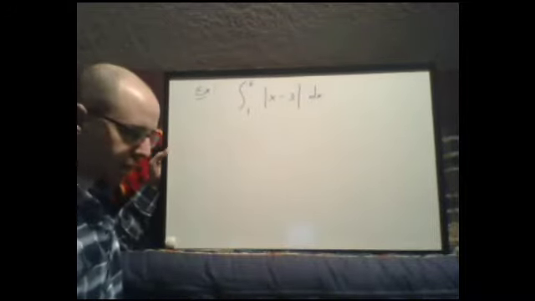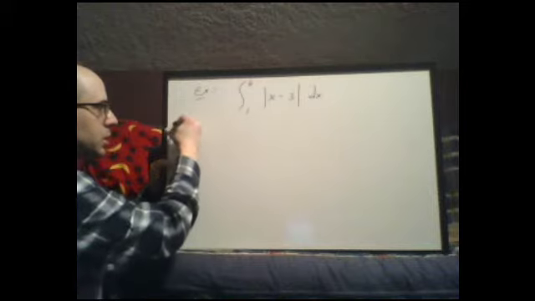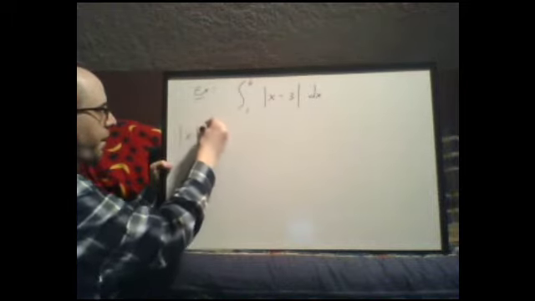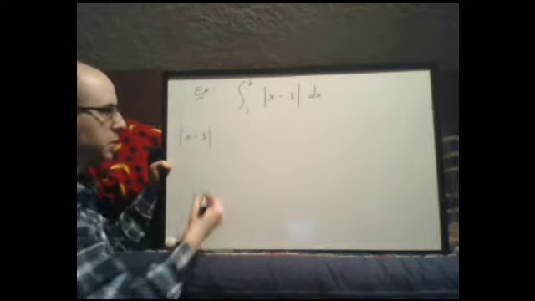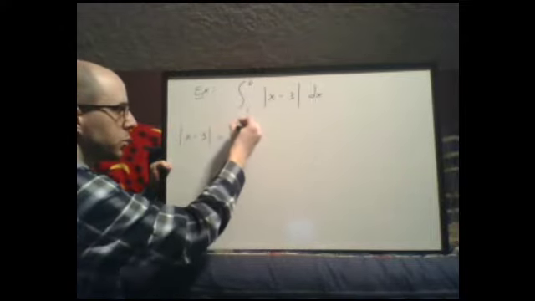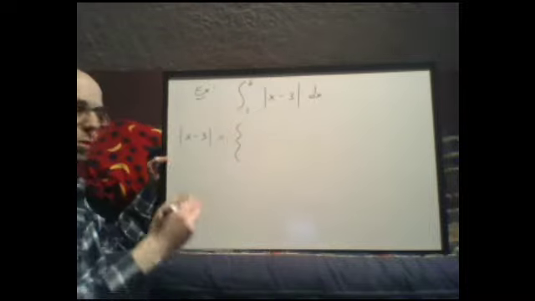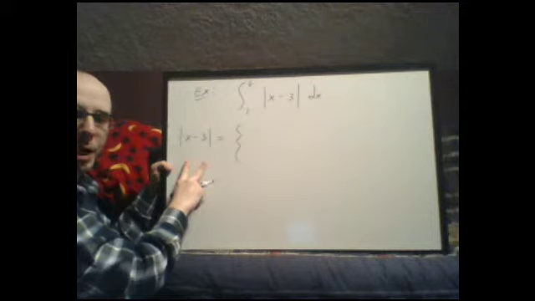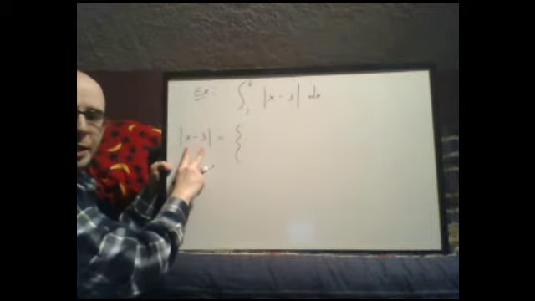Okay, so instead, let's think about, so this is a side comment here. Absolute value of x minus 3. Let's think of what this function really is. What the absolute value always does is it forces your output to be positive no matter what's going on inside.